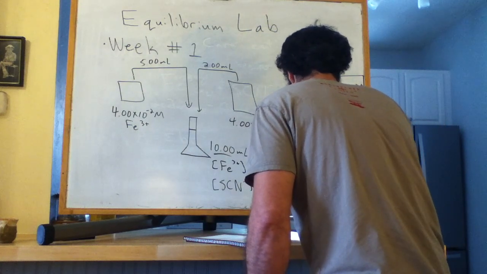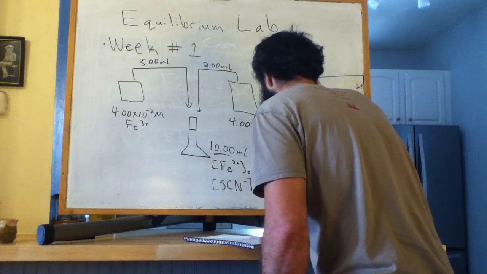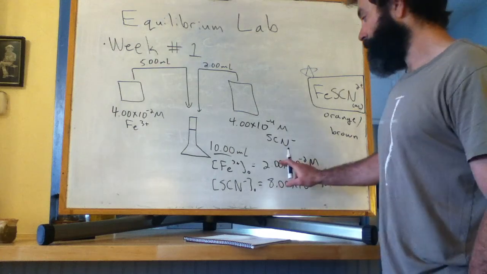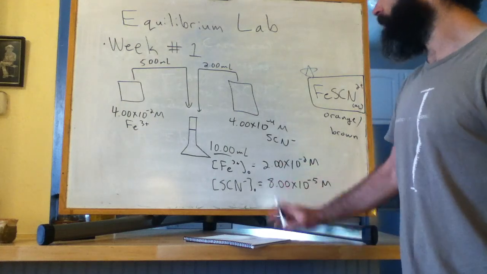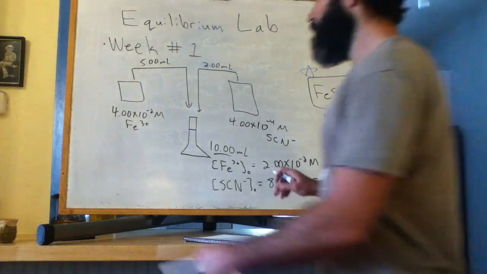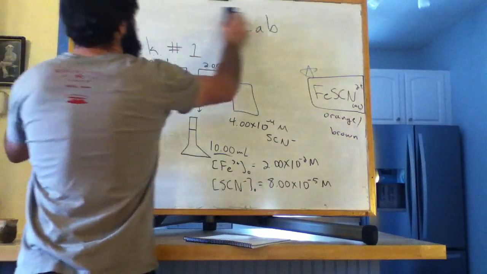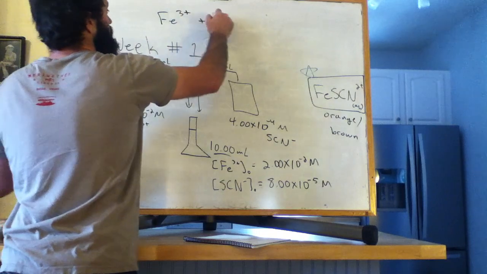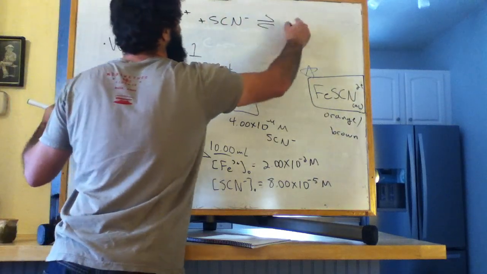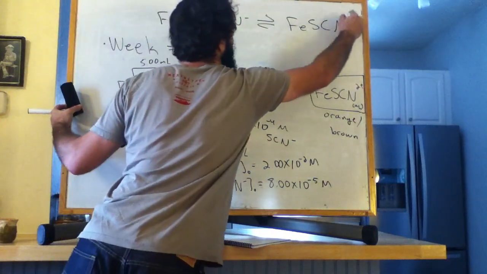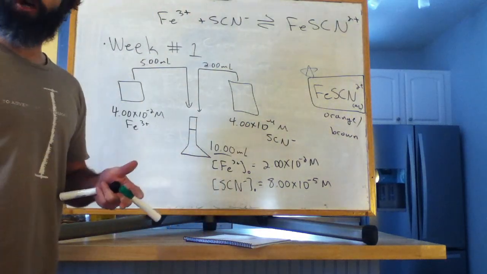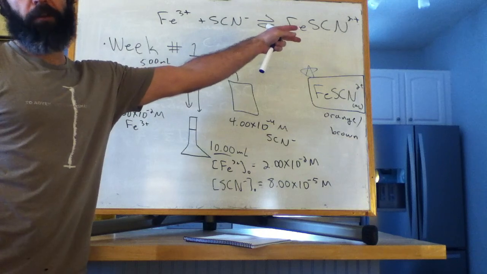Okay, so the point of having our iron much more concentrated than our SCN minus is we are essentially forcing this reaction to completion. So just real quick, this is an equilibrium, but we know a couple things about this reaction. The equilibrium constant is pretty large, which means products are favored.